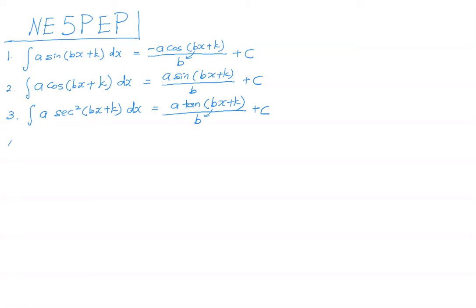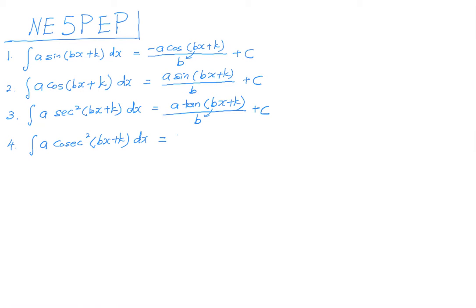Okay. If you integrate cosec, cosec means 1 over sin, cosecant square of an angle, linear. What do you get? Anyone?